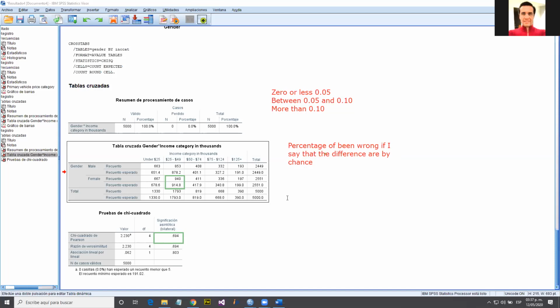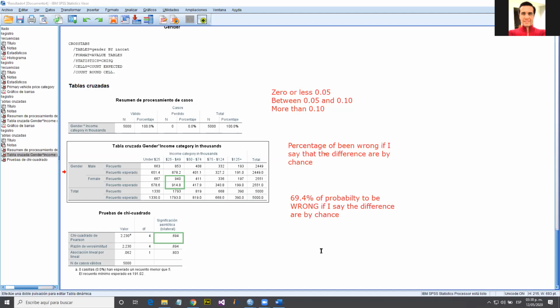So in this case, I have 69.4% of probability to be wrong if I say the differences are by chance.